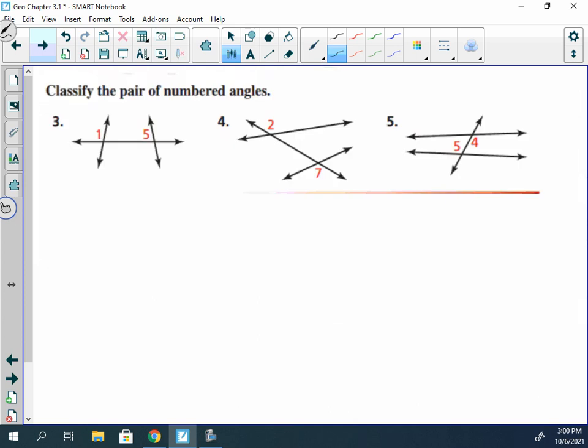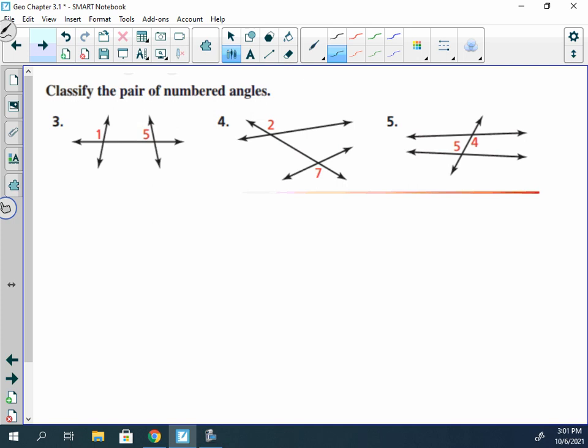This is the last piece. Now, all we're doing here is they've set it up for us. We have to name it. So here, 1 and 5 are what kind of angles? Corresponding, alternate exterior, alternate interior, or consecutive. Alternate interior and exterior, they're either both inside or both outside, yes? Are they both inside or both outside?